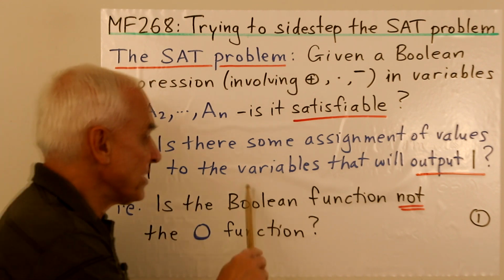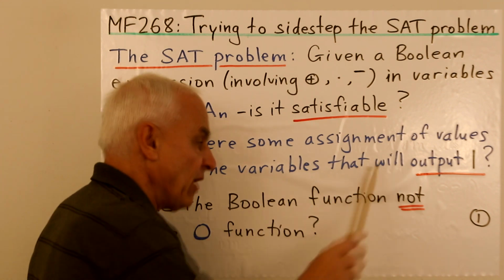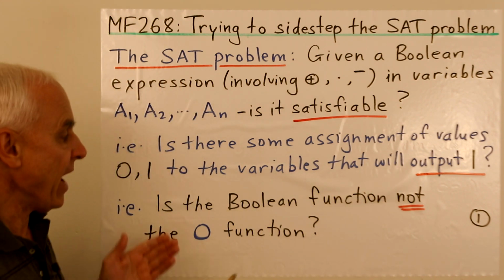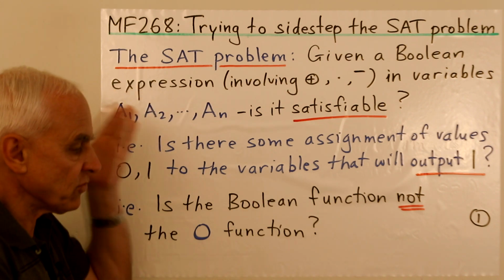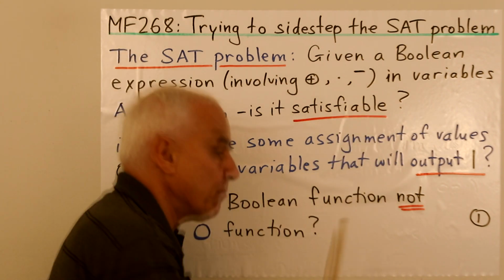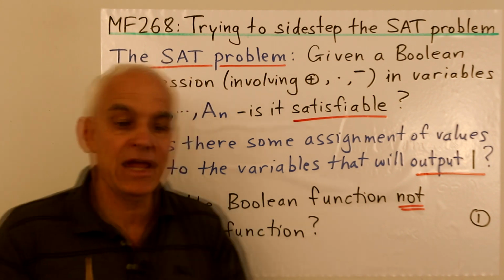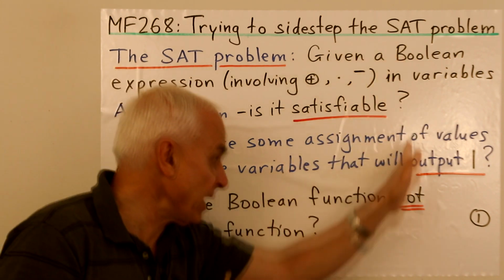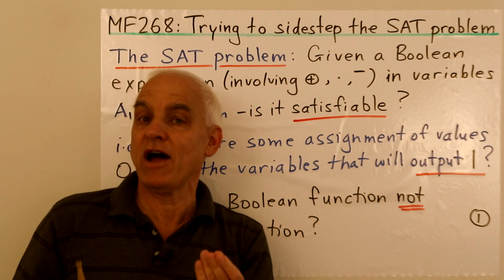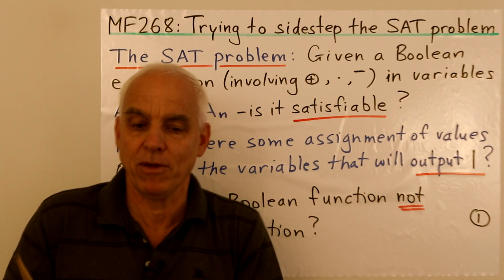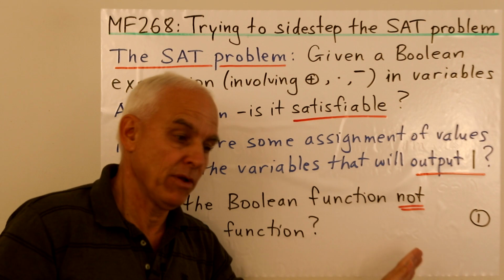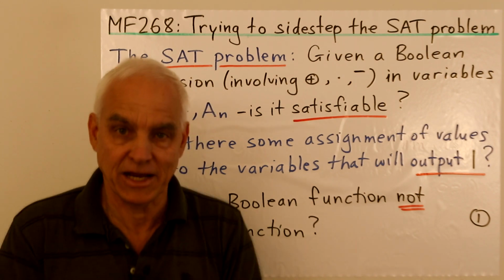For each value of inputs we have the value of the Boolean function, and the satisfiability condition is really asking, is this Boolean function 0 or not? If it's identically 0, it means it's never satisfiable. So it's not satisfiable. And if it's not 0, well then it is satisfiable.